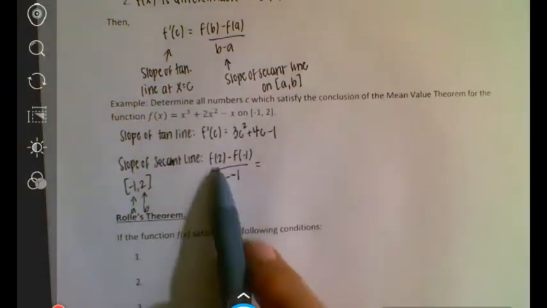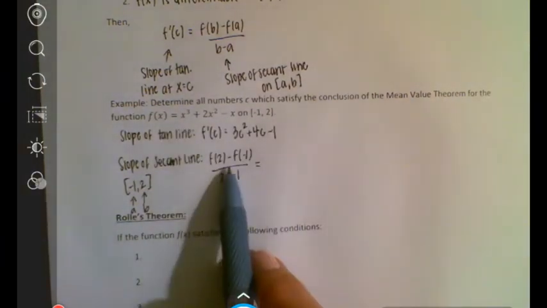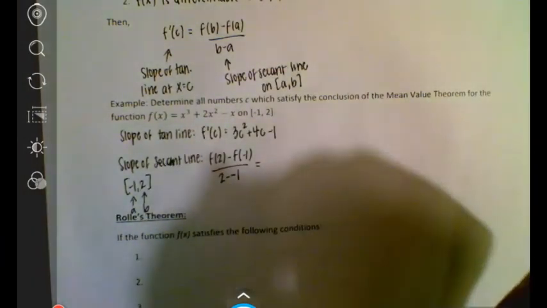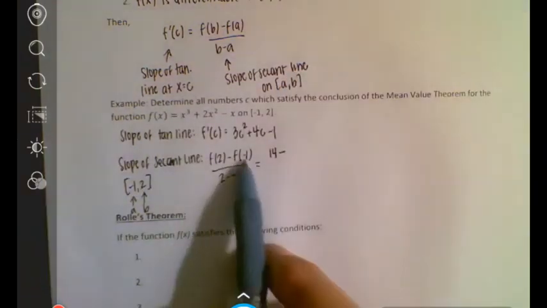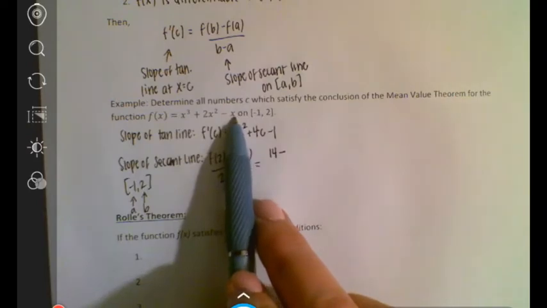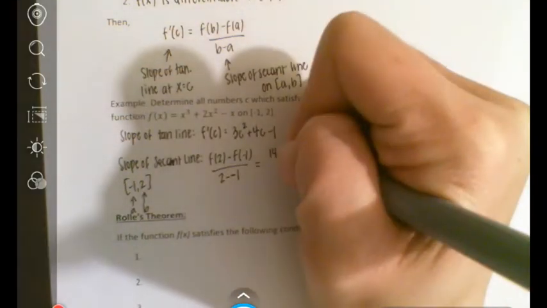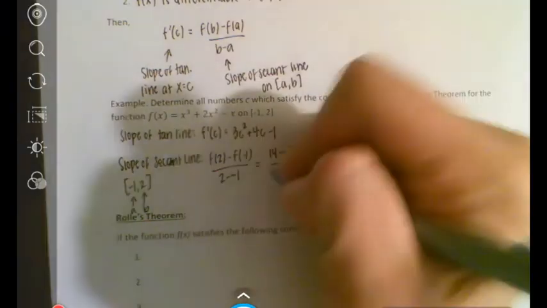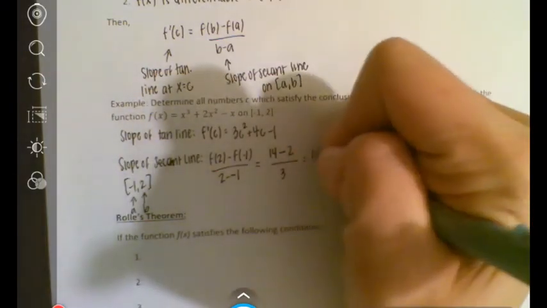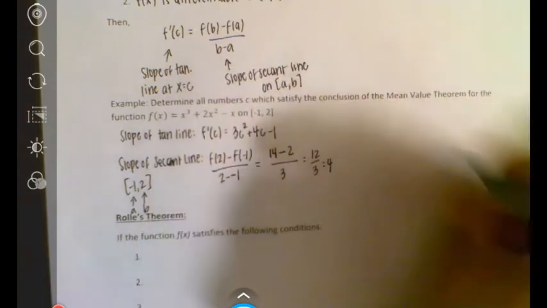To get the f of 2 value, I'm just plugging 2 back into the original function. So f of 2, I believe, should be 14. If I plug -1 into the original function, I believe that should give me a 2. So my numerator is 14 minus 2, and this is 2 plus 1, so over 3. So 12 over 3 is going to give me a 4.